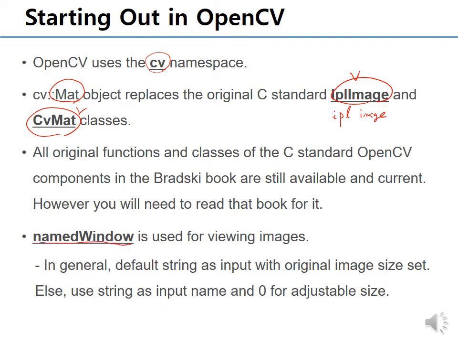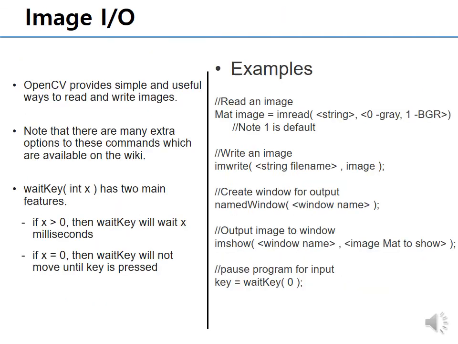namedWindow is used for viewing an image. In general, use the default string as input with the original image size set. Else, use a string as the input name and 0 for adjustable size. This slide shows image input and output. OpenCV provides a simple and useful way to read and write images.